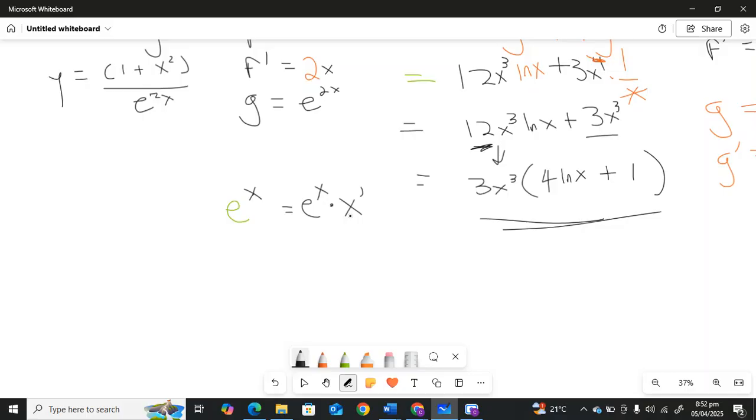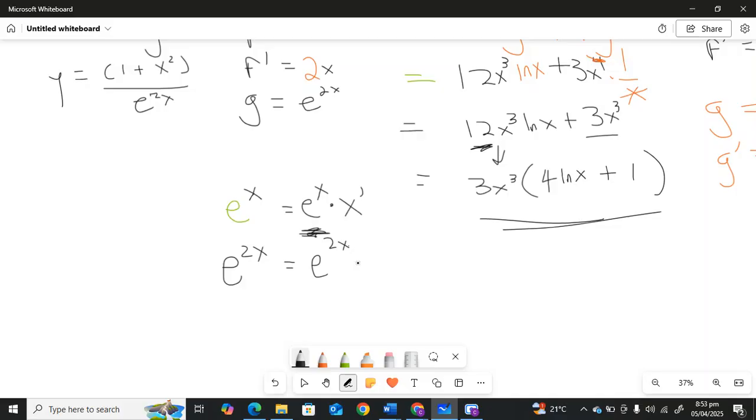That's how you derive e. You just write the same e expression here, then whatever the power is, you need to derive it. So here we have e to the power 2x, so we're going to write e to the power 2x.